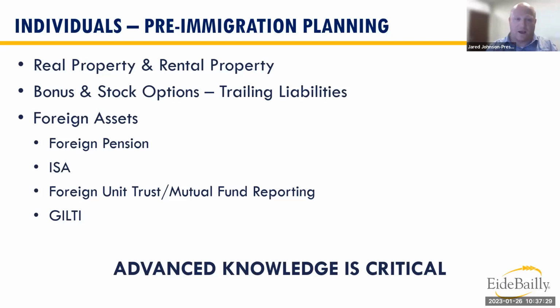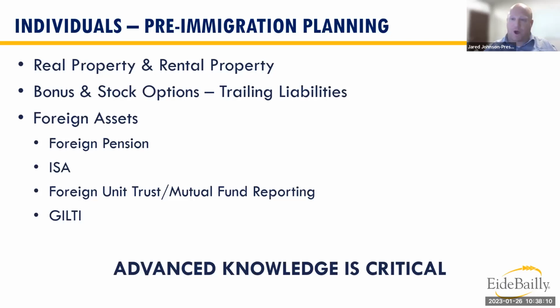The last thing in immigration planning is, if you own a foreign, non-US entity or corporation, there's a new tax called GILTI, Global Intangible Low Taxed Income. So if your foreign corporation is owned by more than 50% by US persons, say you become a resident and own 52%, your foreign corporation becomes a controlled foreign corporation for US tax purposes.